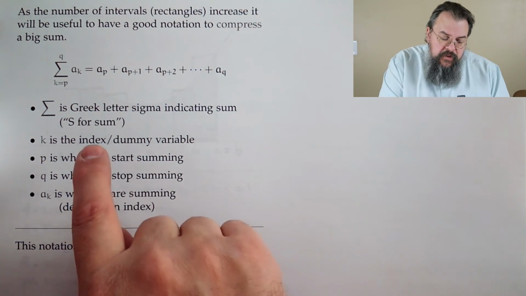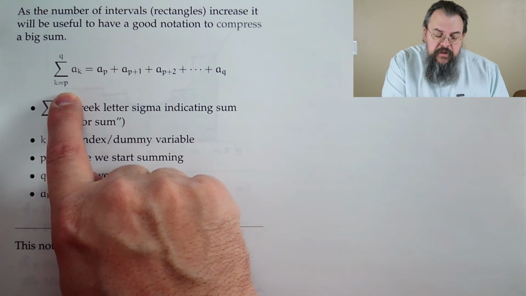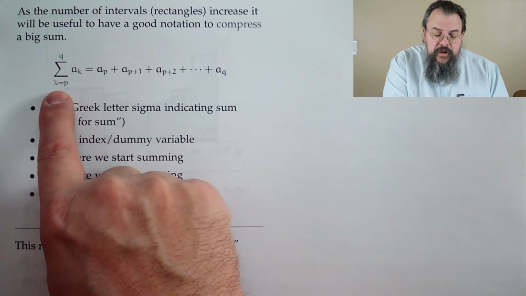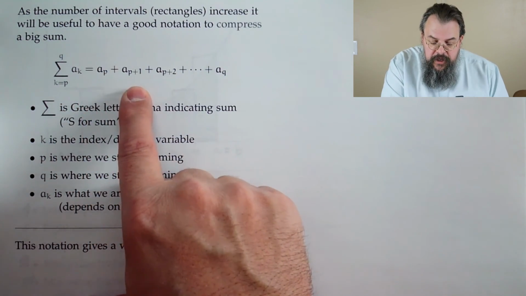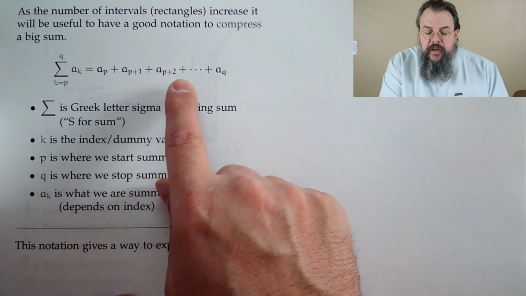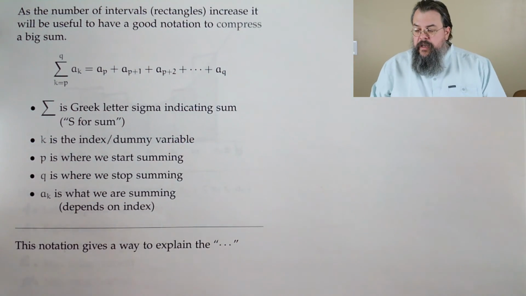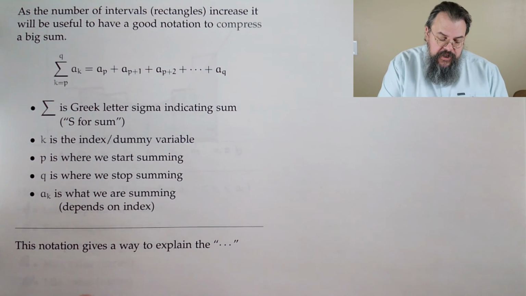All right, so what do we have? The way we would read this says that the sum from P to Q, where k is an index, of a sub k is really a sub P plus a sub P plus 1 plus a sub P plus 2 plus dot dot dot plus a sub Q. The punchline, by the way, for our notation, is actually down here.